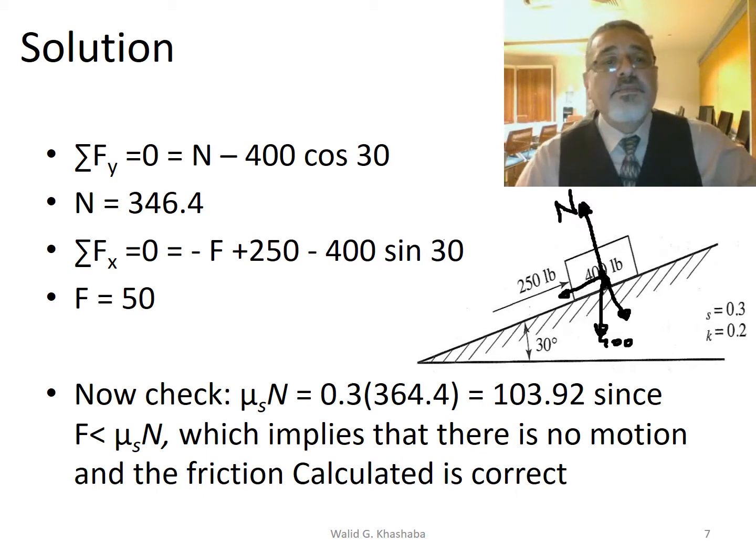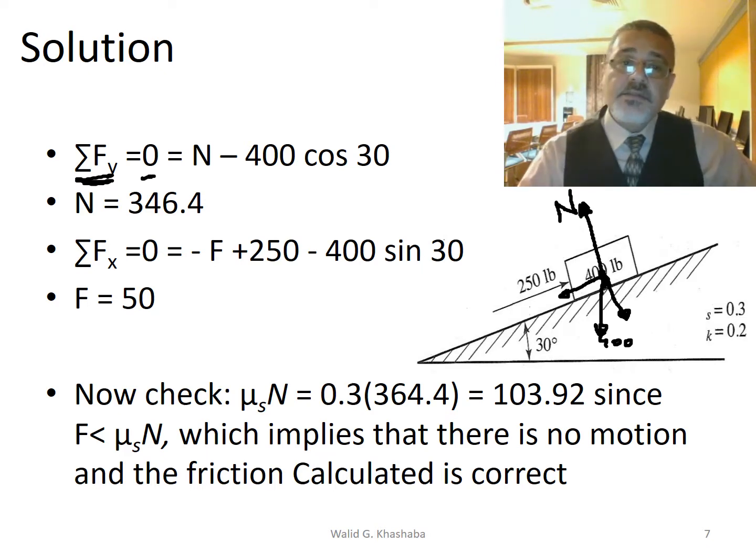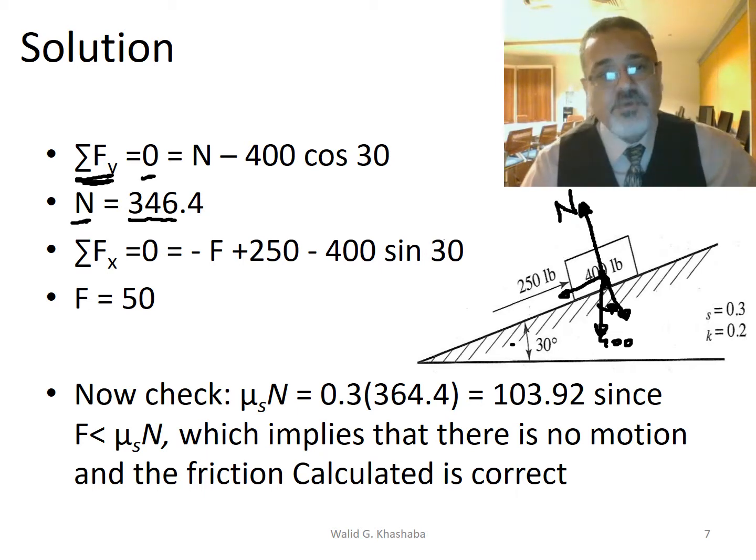Well, summation of forces in the direction of y is 0, of course. It's N, which is positive, minus 400 cosine this angle, which is 30. Then N is equal to 346.4.